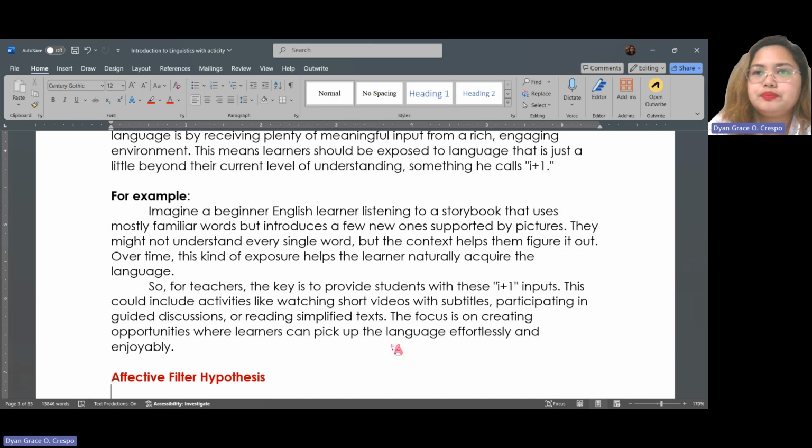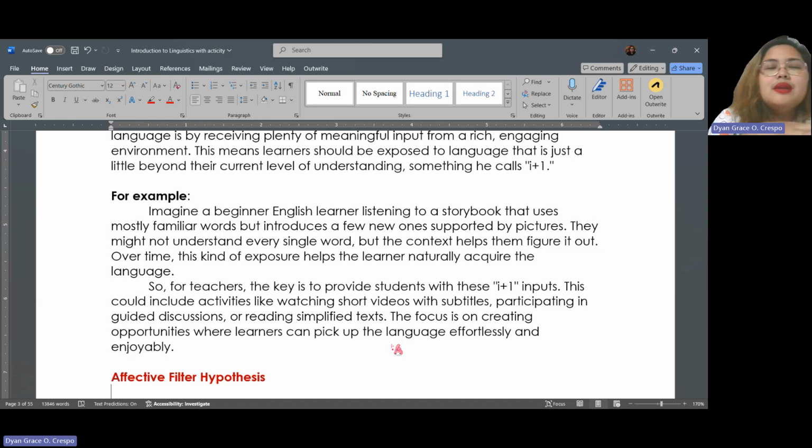So as a teacher, in the input hypothesis, it is imagined that we have a plenty of environment, many experiences, and we need to make sure that we have plenty of stimulations, plenty of activities.